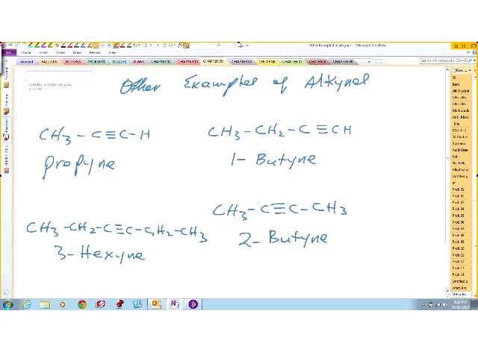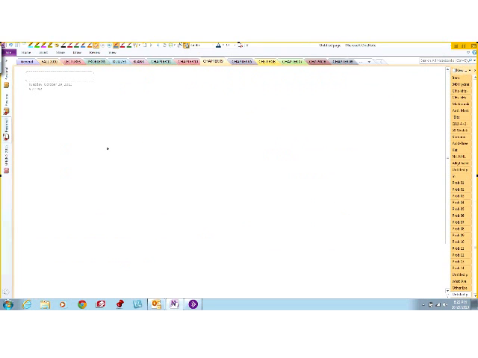Now let us look at a little bit more complexity here. Supposing we increase the complexity of this molecule, now we begin to place branches or substituents on them.